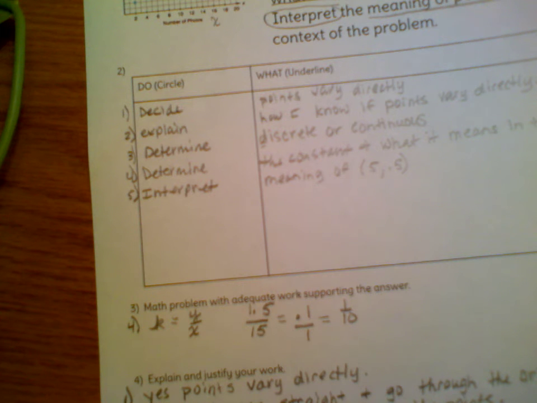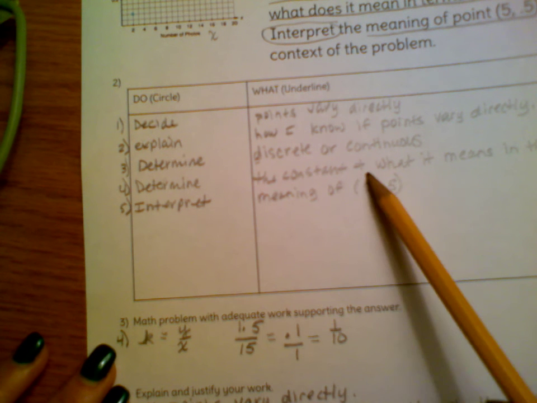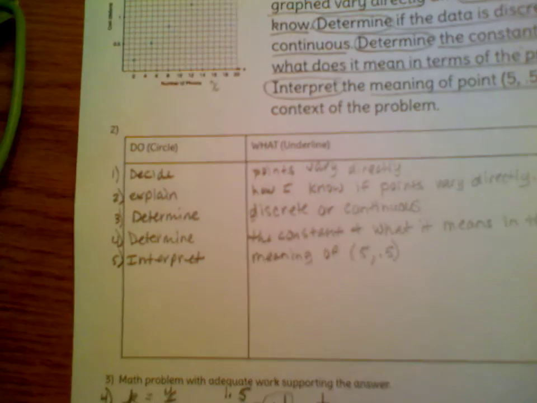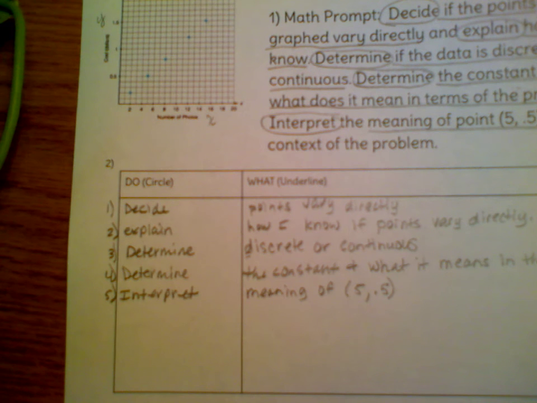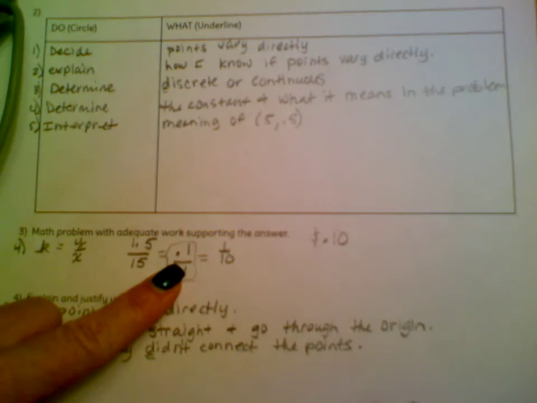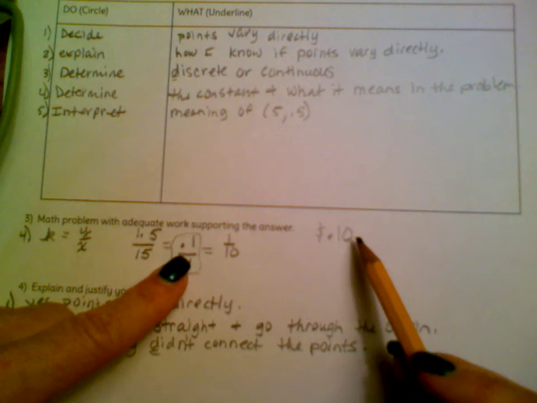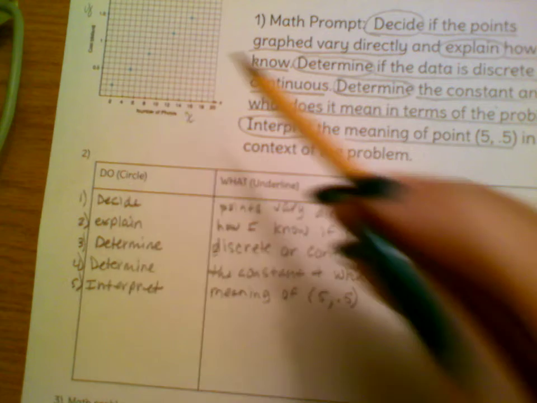Now, what does this mean in terms of the problem situation? Because 4 says determine the constant and what it means. I'm always going to use the 1 in the denominator when I go to explain what the constant means. So remember, this is the y, and when I go back to the graph, y stands for the cost in dollars. So 0.1 is dollars. To make it look like dollars, I'm going to add a 0, so it's really 10 cents. And then the denominator is the number of photos.